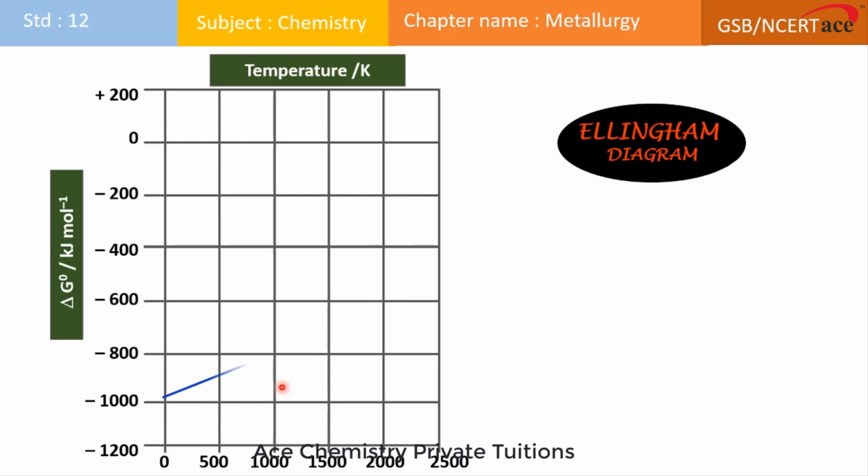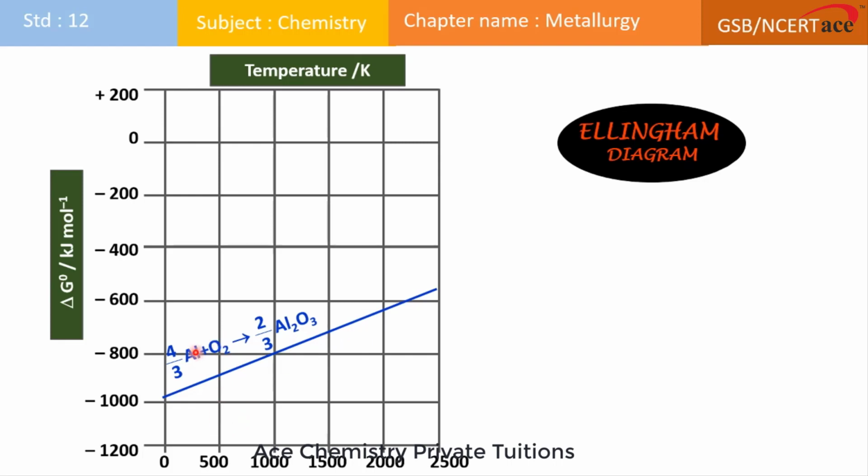Above the magnesium oxide graph, you will find the formation of aluminium oxide. Unlike formation of magnesium oxide, there is no abrupt change in the graph. If you check the graph of magnesium oxide, there is a sudden shift or abrupt change at this point. But in the case of aluminium oxide, this graph goes up smoothly.